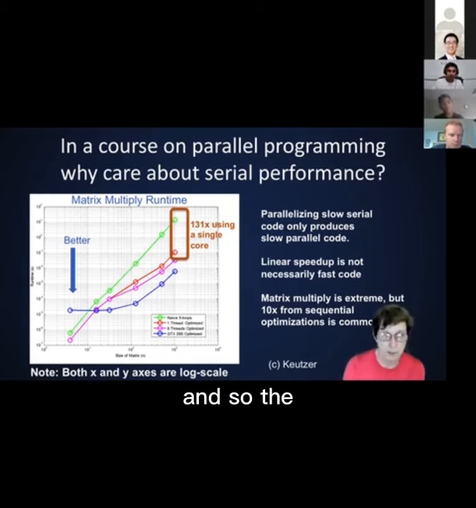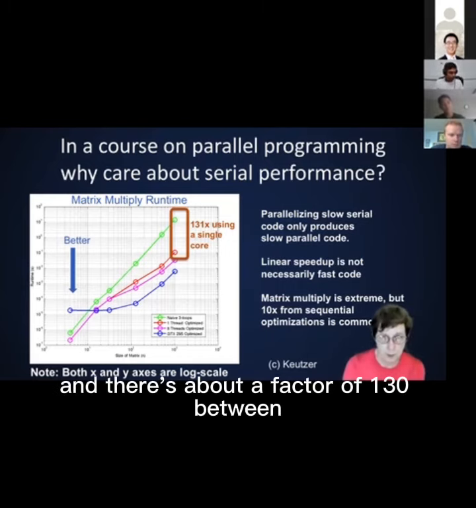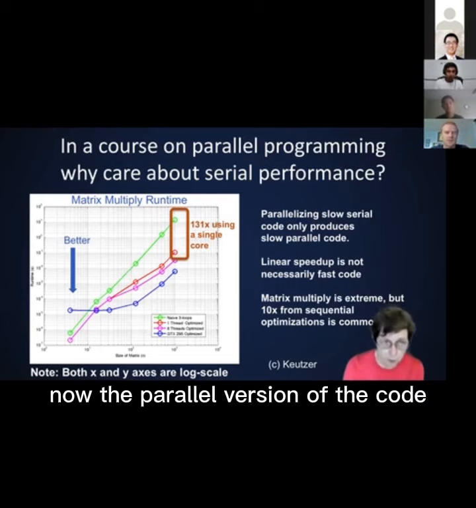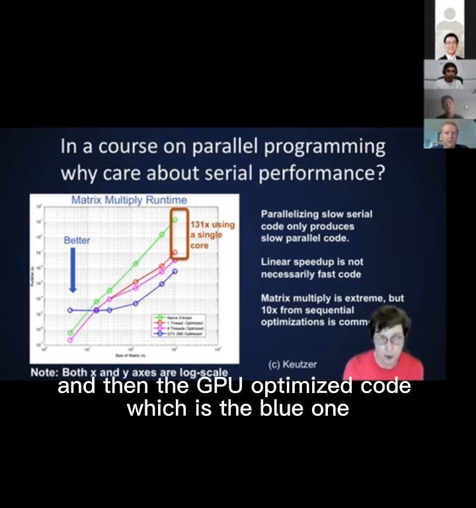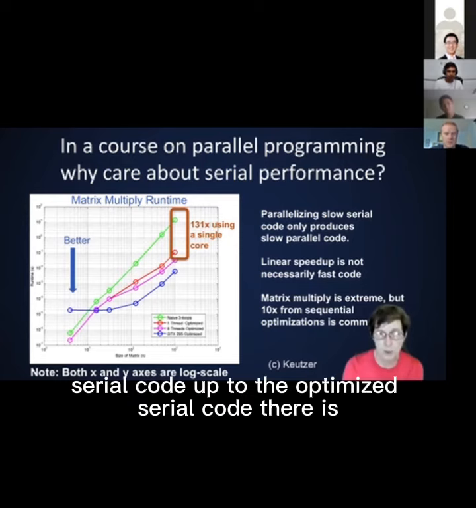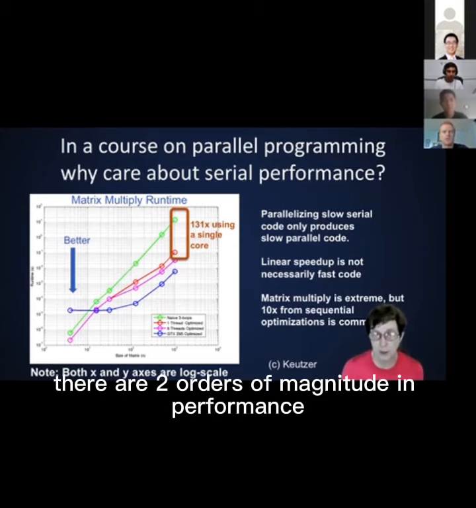And there's about a factor of 130 between these two serial versions of the code. Now the parallel versions of the code, which are the purple ones, and then the GPU optimized code, which is the blue one, are even faster. But even getting from this serial code up to the optimized serial code, there are 2 orders of magnitude in performance.